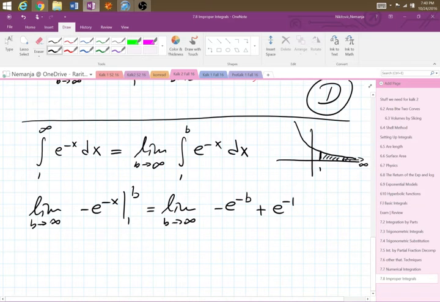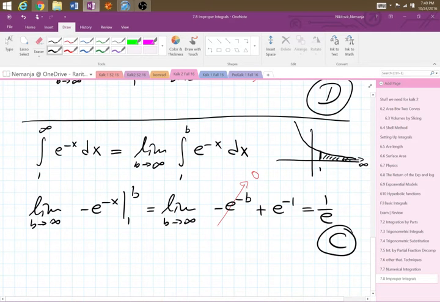When you put infinity up here, this term goes to 0, because e to the negative infinity is 0. So all we get here is 1 over e, and that is convergent.